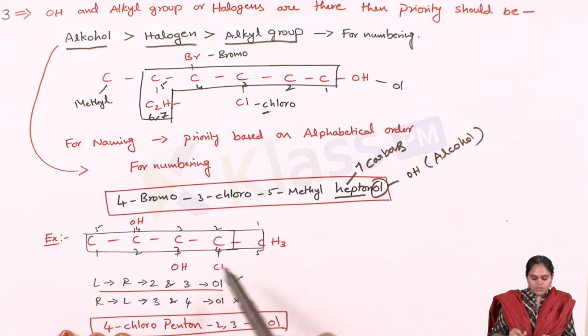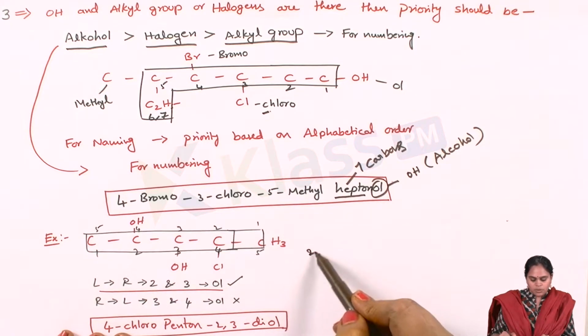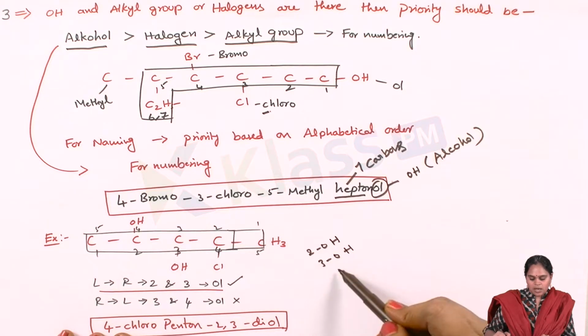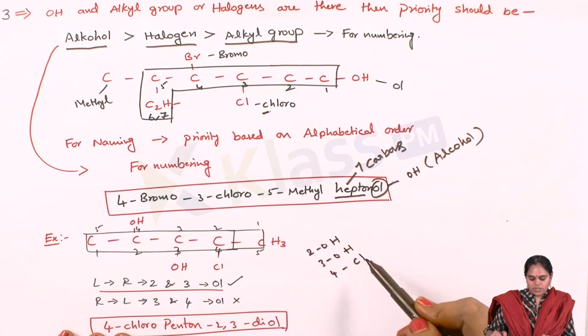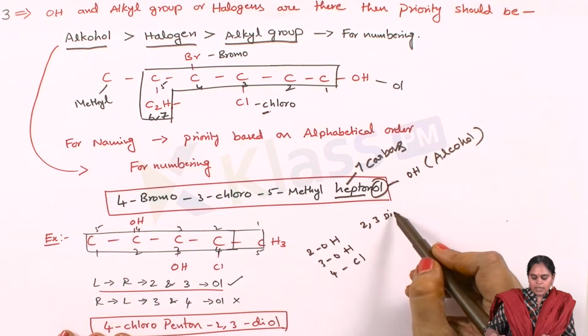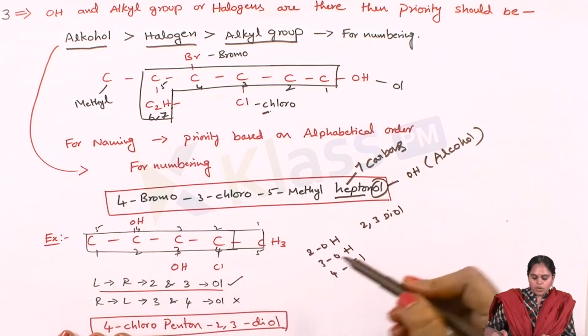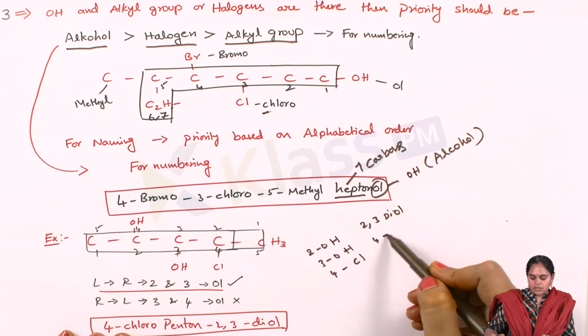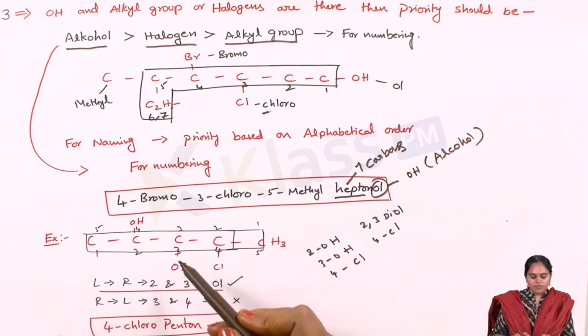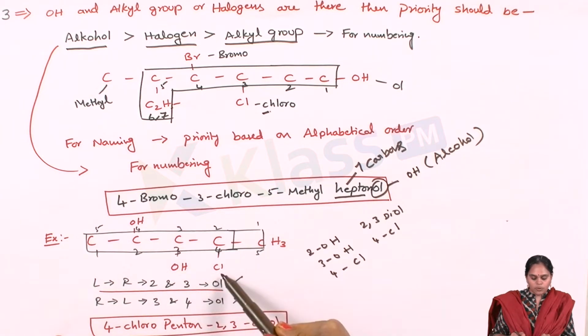So, if you check here, 2 OH is there, 3 OH is there, and on the 4th place chlorine is there. 2, 3 diol is there. In the 4th place, chlorine is there. So, how do you give a name for this? 4-chloro. Because in alphabetical order, C is first.